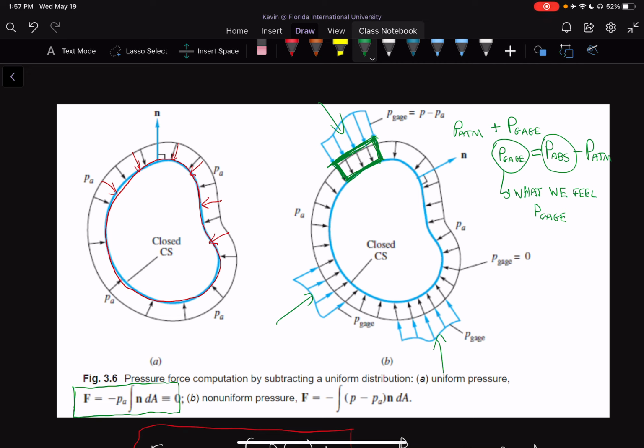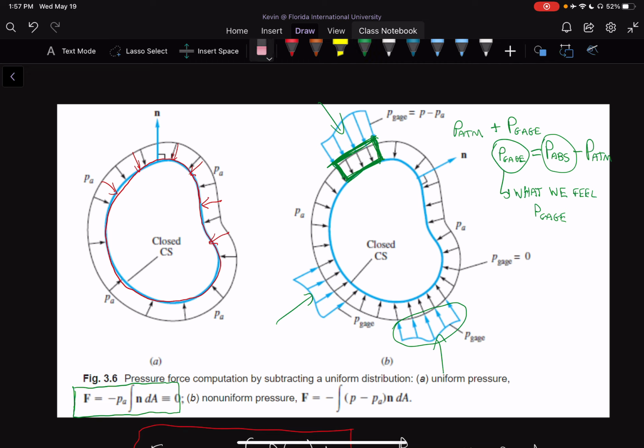So that means that the only pressure that we feel, and the only pressure that a system feels in terms of a change, are these three gauge pressures. These three pressures are added to the system.